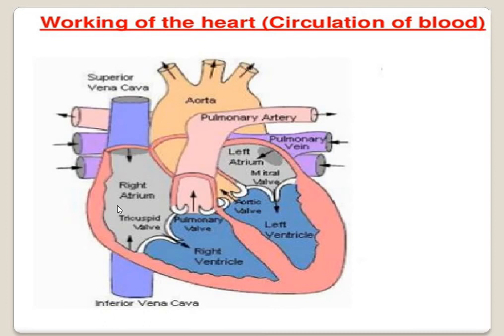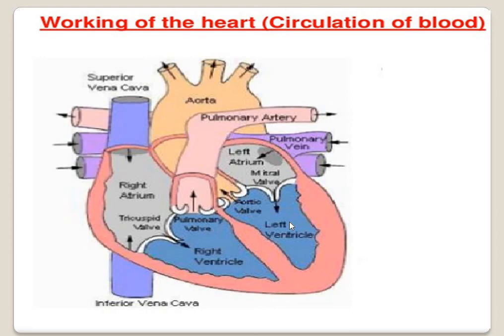Similarly, the blood from the right auricle is passed into the right ventricle. The opening is guarded by the tricuspid valve. Three cusps are there. Then both the ventricles contract and both the bicuspid and the tricuspid valves close so that the blood cannot go back.